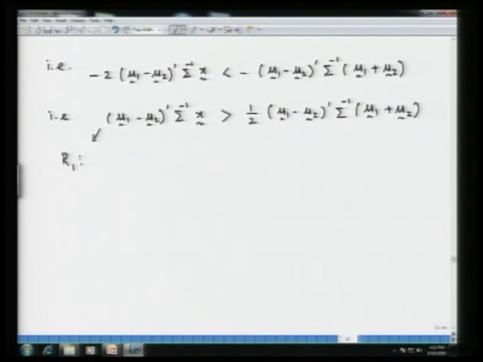So, R1 is the region on which we have this particular term greater than the term on the right, and on R2 we will have this less than or equal to.